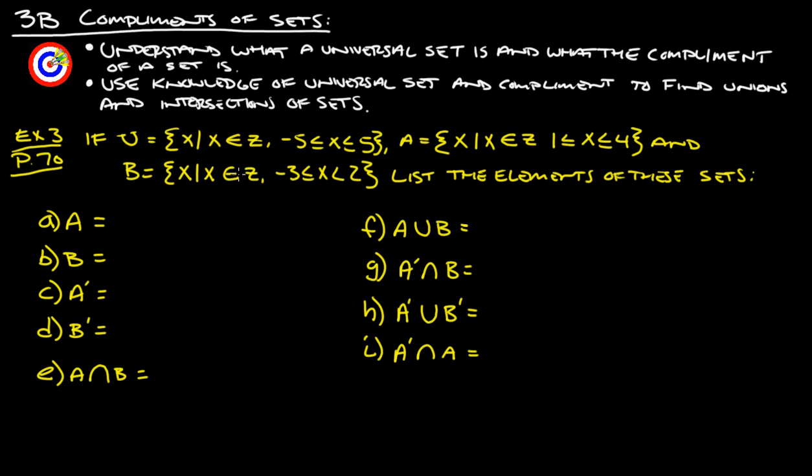And then set B are all the x's such that x is an integer where x is between -3 and 2, including -3, but not 2. Okay, so from that we want to list the elements of all these sets, and it goes A through H in your book, and then I put I on there just for good measure.